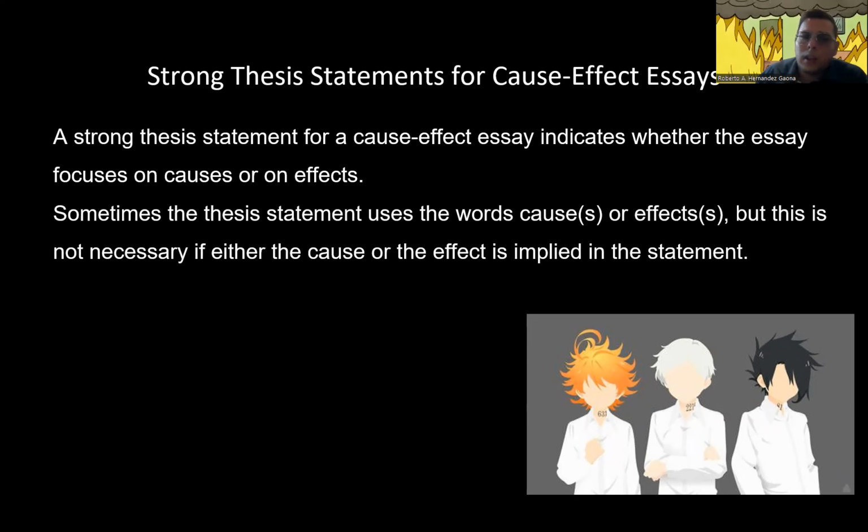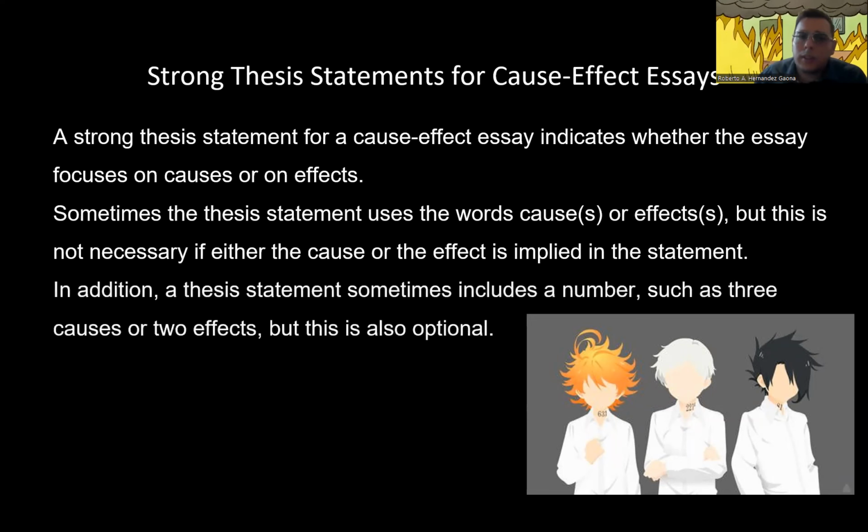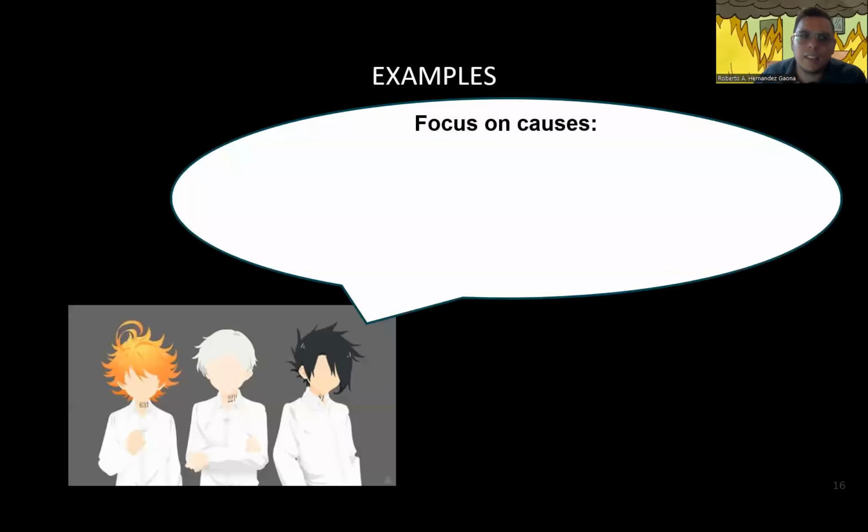You guys don't have to be so specific because sometimes it's just implied, as we're going to see in some of the examples. In addition, a thesis statement sometimes includes a number such as 3 causes or 2 effects. This is 100% optional. You don't have to mention something like the top 5 reasons why. If you want it, you can, but it's not necessary.